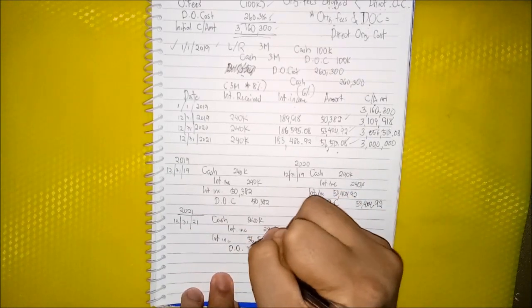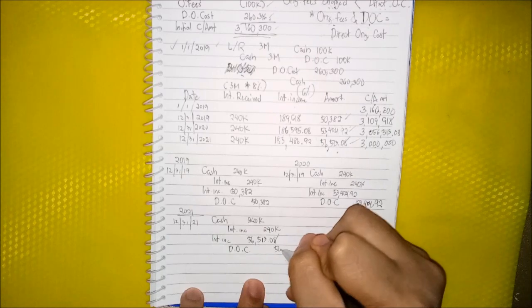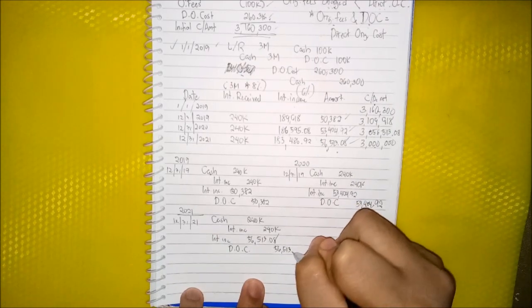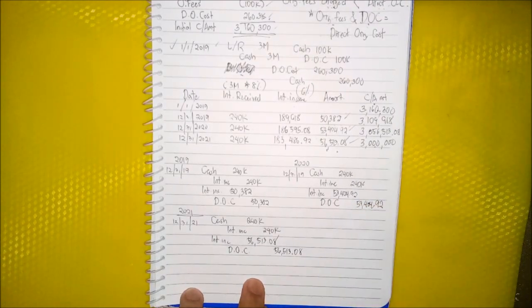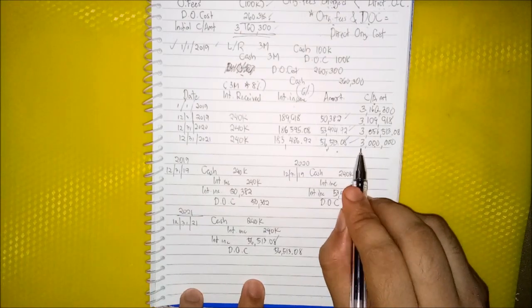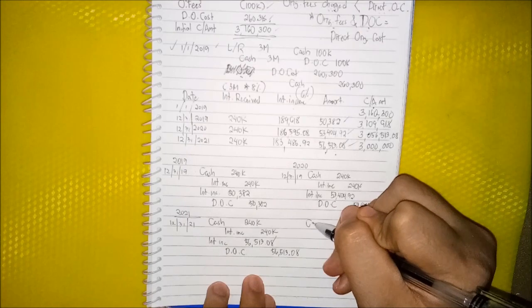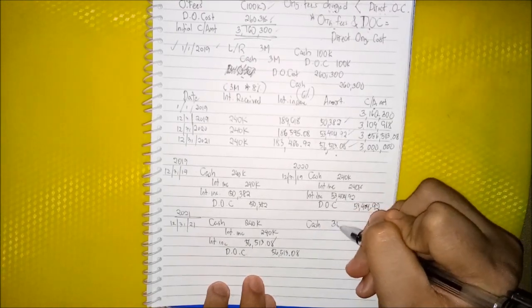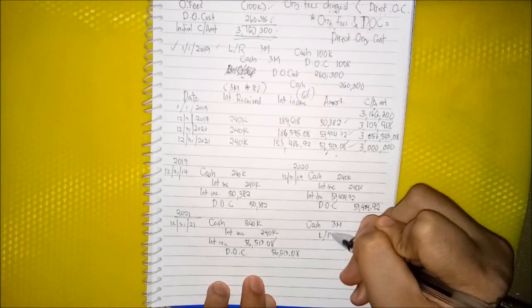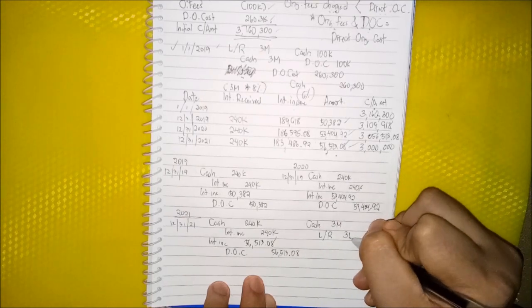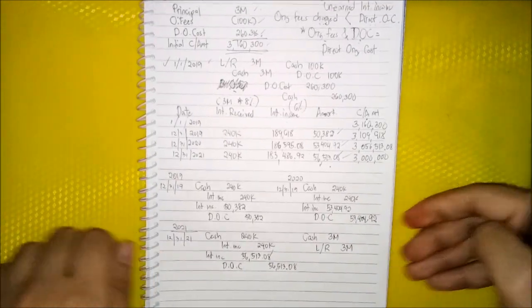Credit direct origination cost, 56,513.08. And yung collection ni entity ng loan receivable. Debit cash, 3 million. Credit loan receivable, 3 million pesos.